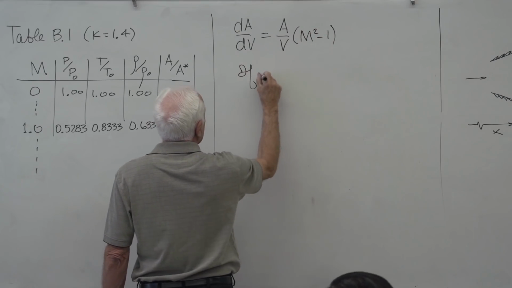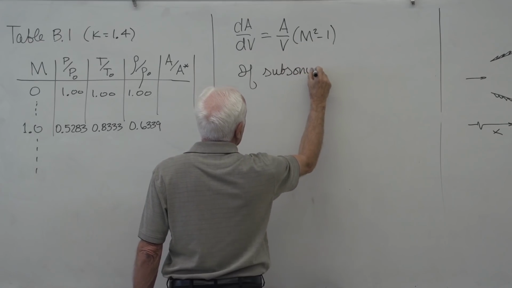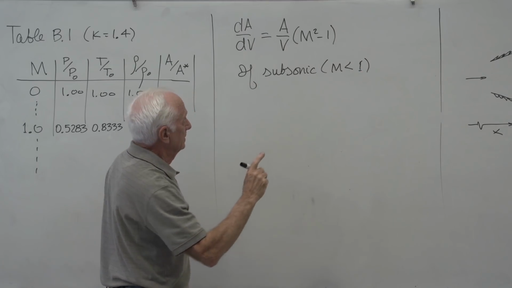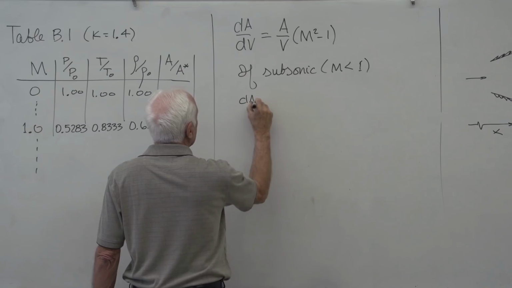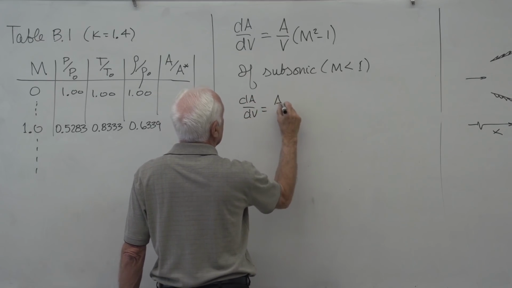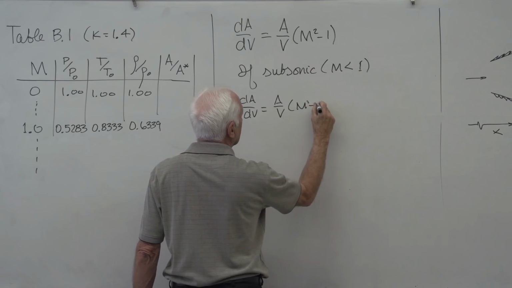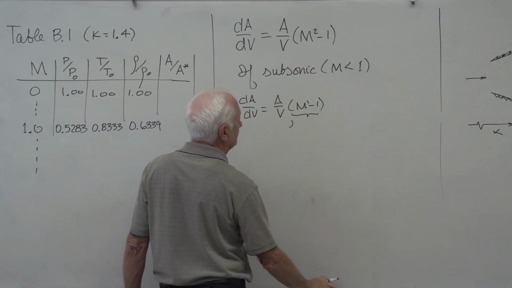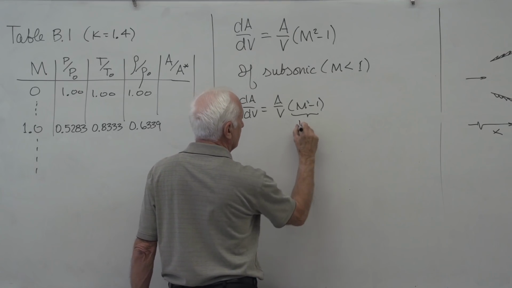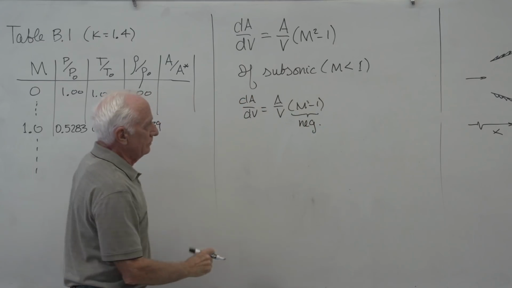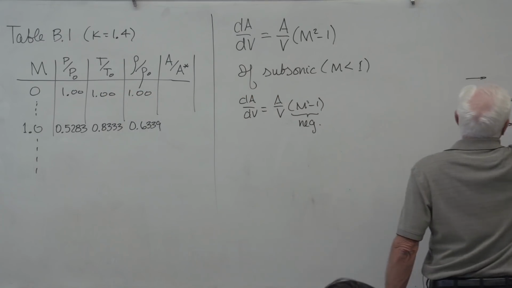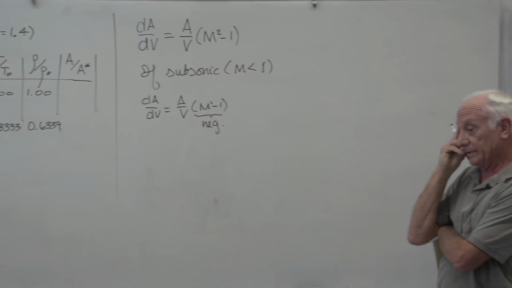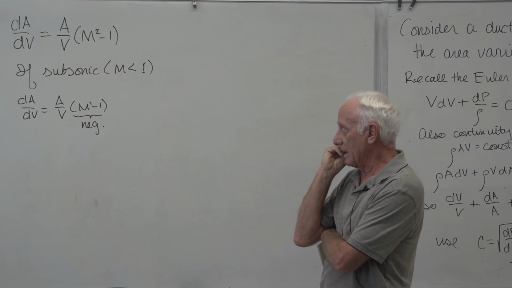If subsonic, Mach number less than 1, subsonic flow, dA dV equals A over V times M squared minus 1. This quantity is less than 0, so just put it down there as negative. Mach number 0.3, 0.09 minus 1, negative.